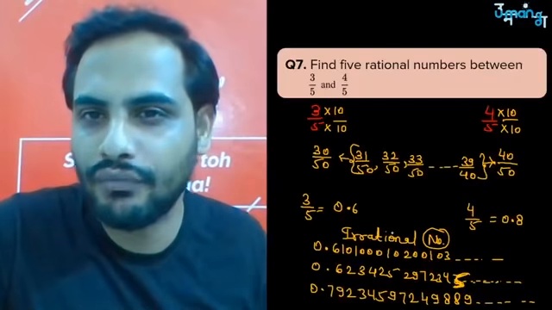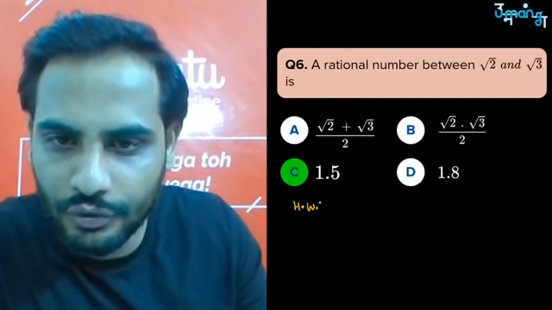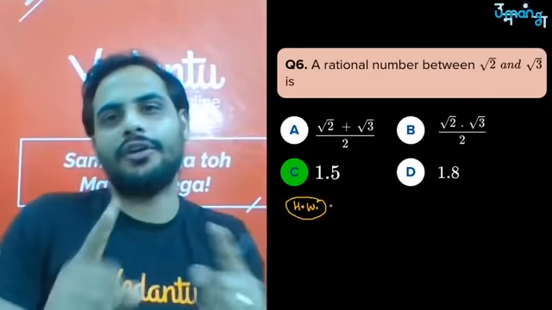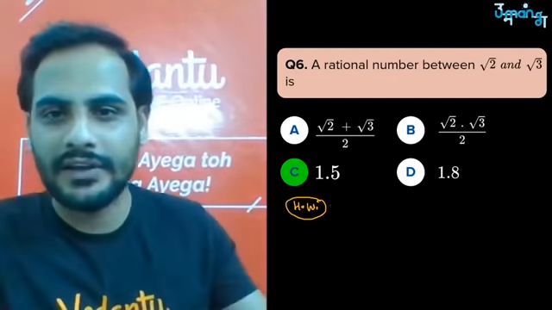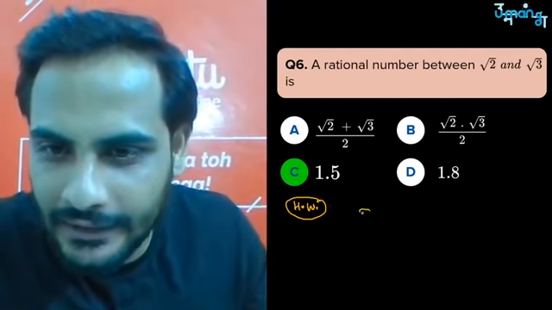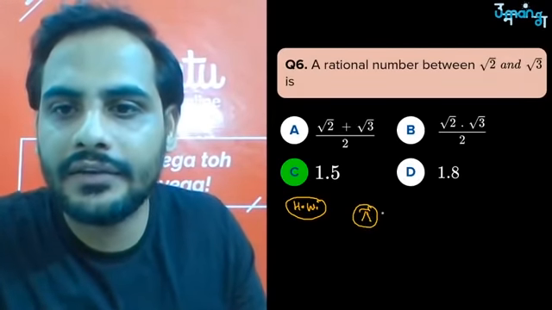Now I have a homework for you. I want all of you to answer in the comment box. The homework is that beta, you know pi. First thing, pi is said to be an irrational number.